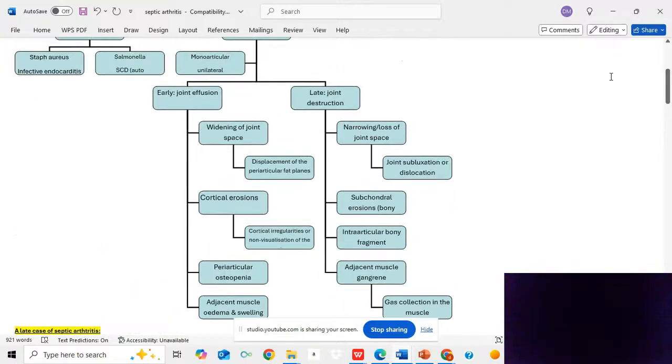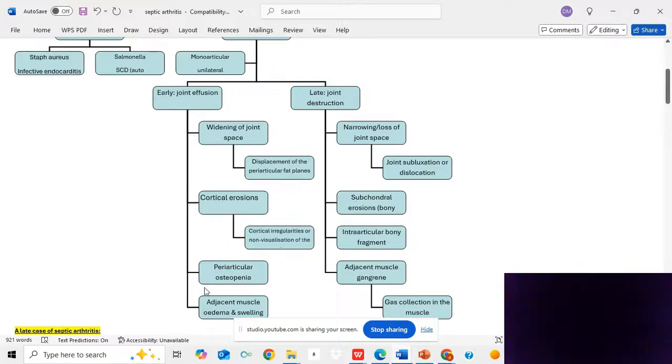Of course, this patient, if you look at previous imaging, you will see the periarticular osteopenia, rather than the erosions and bony fragments you see right now.